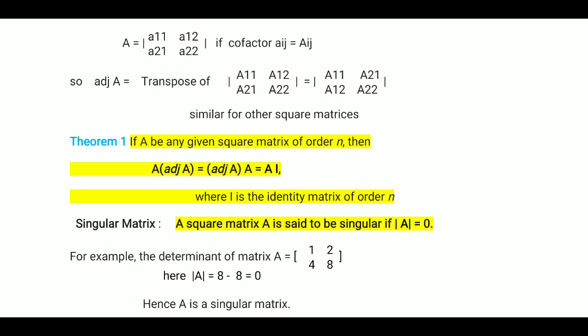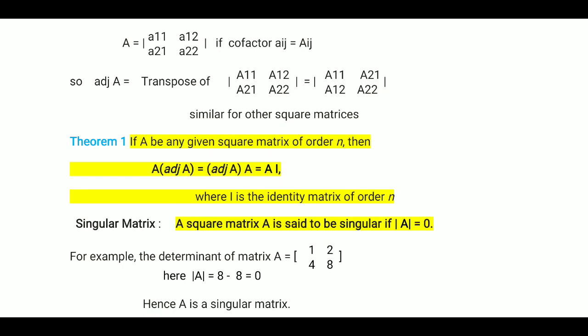Now there are some theorems. If capital A is any given square matrix of order n, then A into adjoint A, where A means the matrix itself and adjoint A means the matrix obtained by the above method, if we multiply both, is equal to adjoint A into A, meaning the commutative law holds, is equal to determinant A into I. So A adjoint A is equal to adjoint A into A is equal to determinant A into the identity matrix.